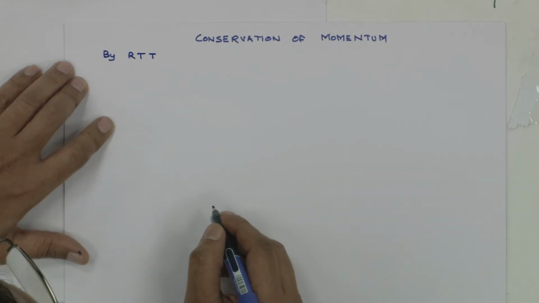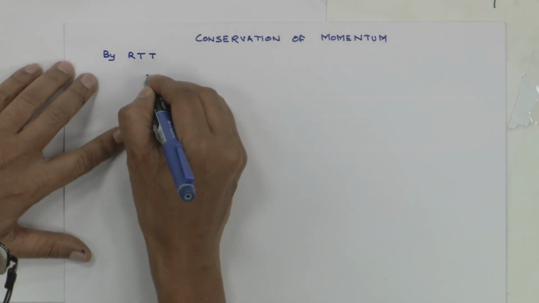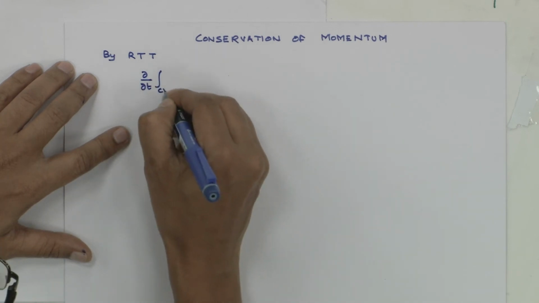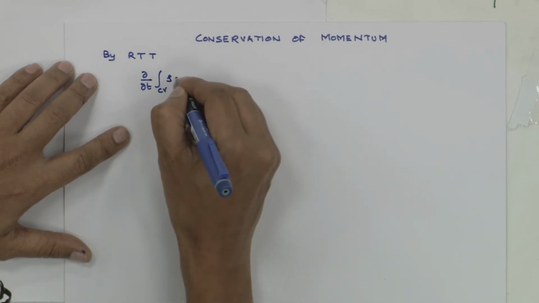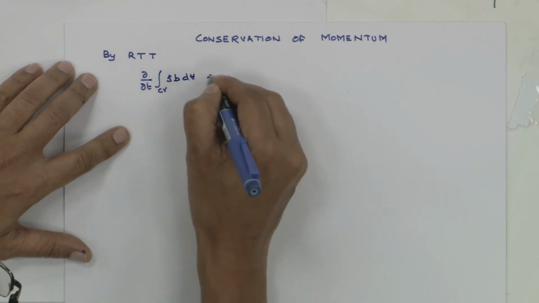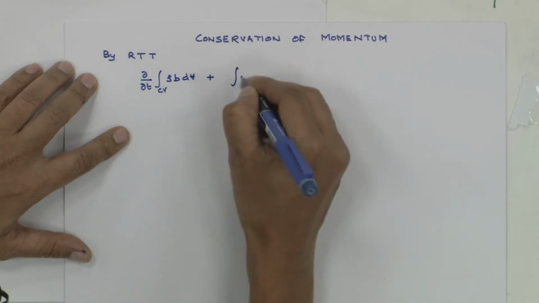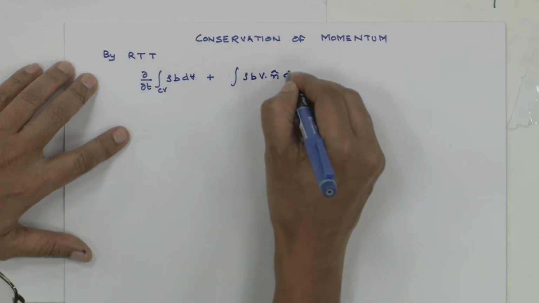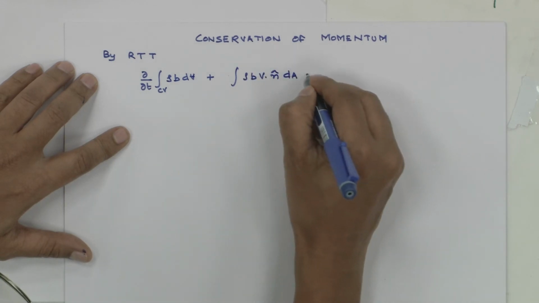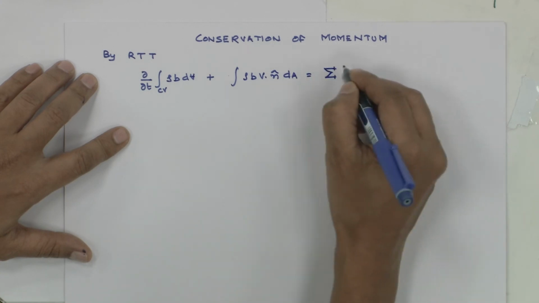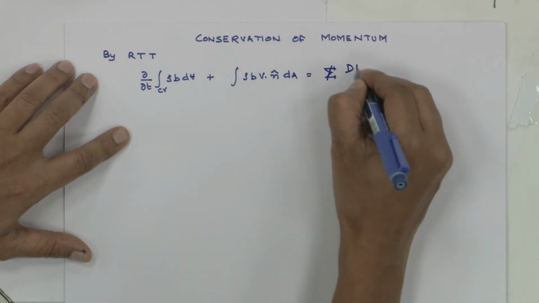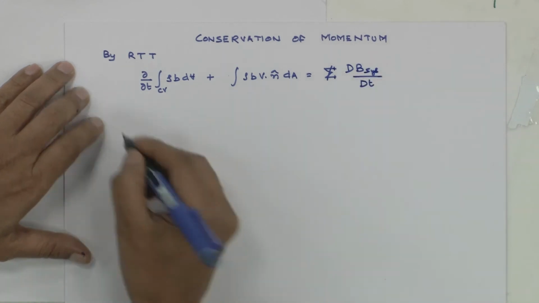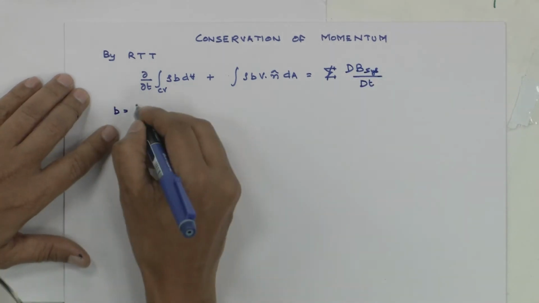By RTT, we have del by del t of the integral over CV of rho B dV plus the integral of rho B V dot N dA is equal to sigma of d of B system by dt. Now, for conservation of momentum we said that B is equal to velocity.